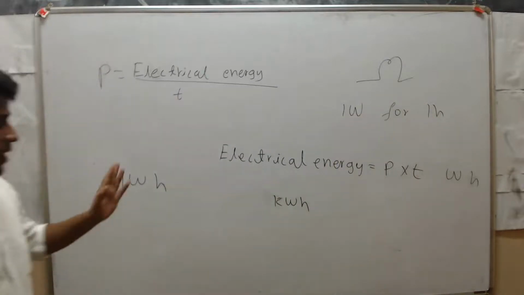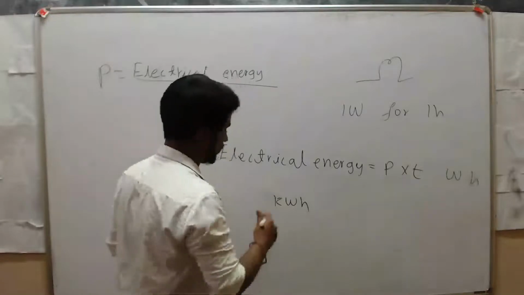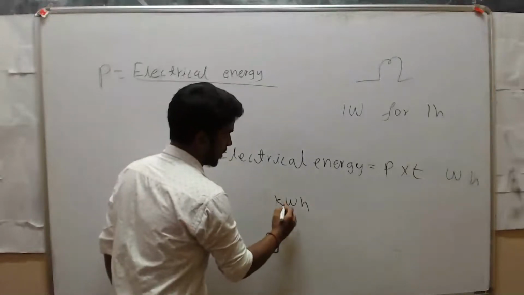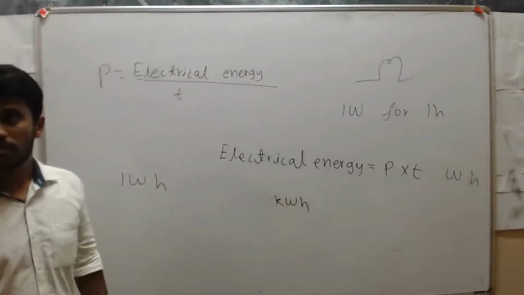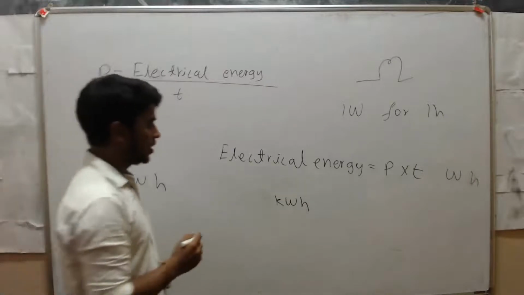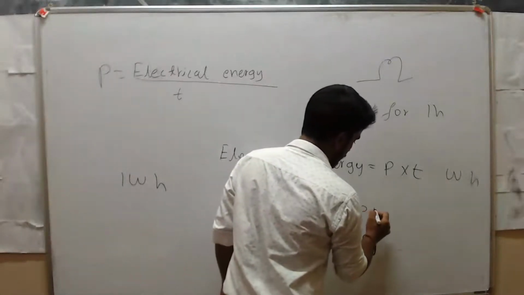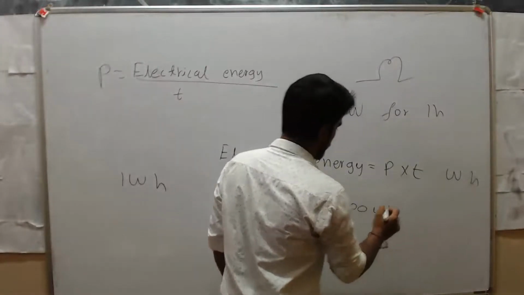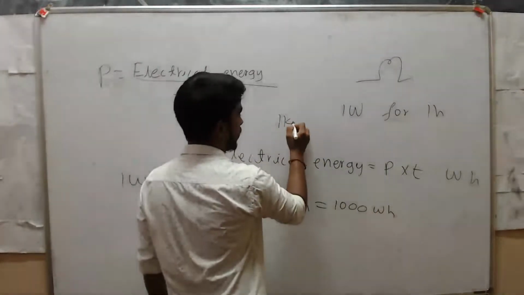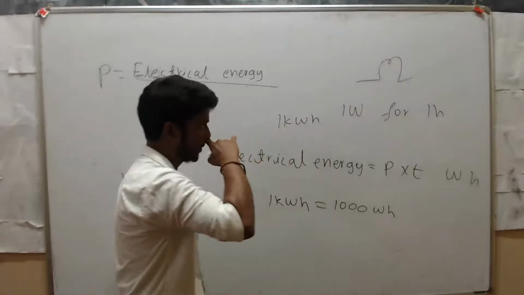This 1 watt hour is very small, so for that we use kilowatt hour. Kilowatt hour means 1 kilowatt hour is equal to 1000 watt hour. Now tell me, what is the meaning of 1 kilowatt hour?